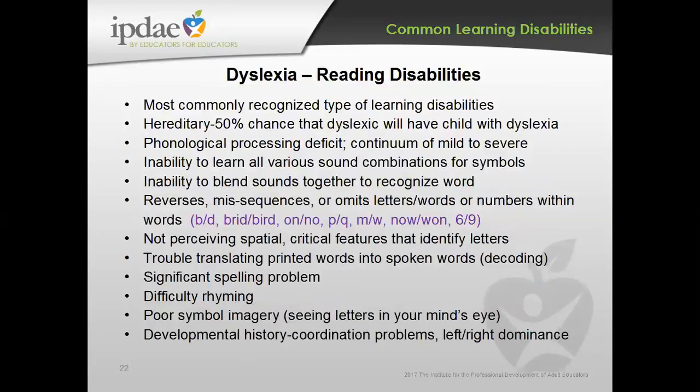So here are some examples of someone that has dyslexia. Number one, it's hereditary. It's not uncommon to have siblings in the same class, to have parents and children in the same family. So it's a 50% chance of inheriting dyslexia. Dyslexia also is on a continuum, anywhere from very mild to very, very severe.